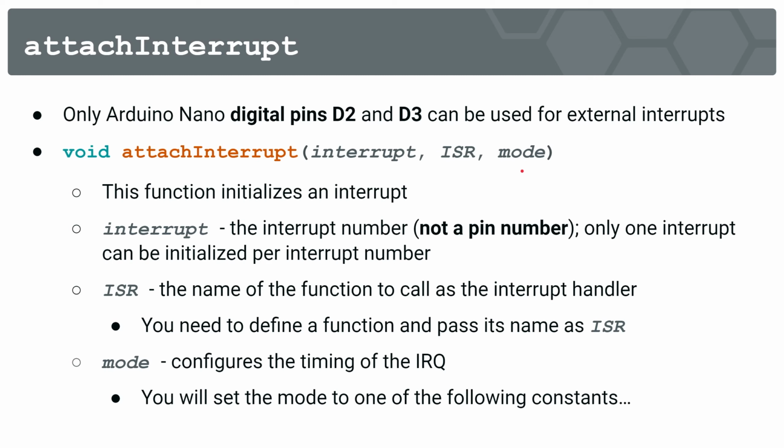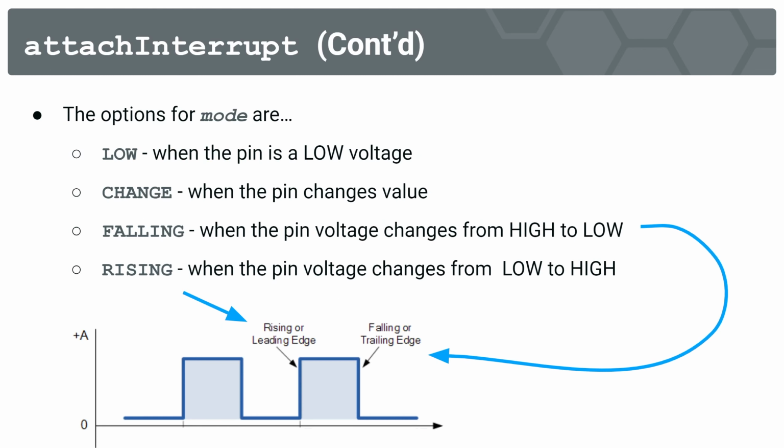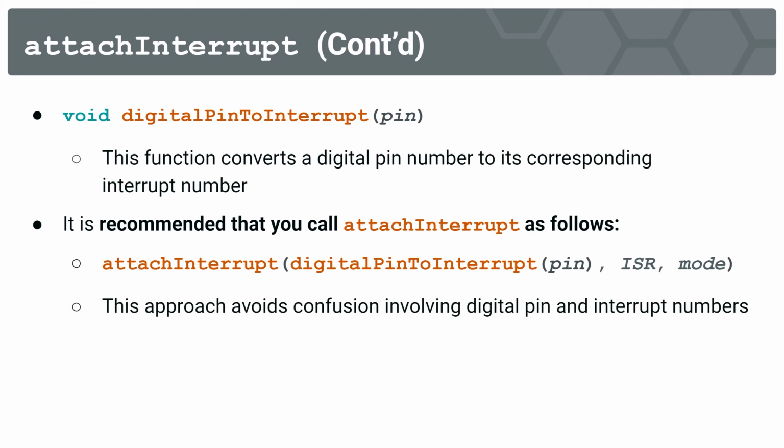Call this function in the setup function of the Arduino program. One more thing though. We need to figure out that interrupt number because you have the digital pin number and you need to convert it now to an interrupt number. And you do so with this function, digitalPinToInterrupt. It has just one parameter, and that's the digital pin number.